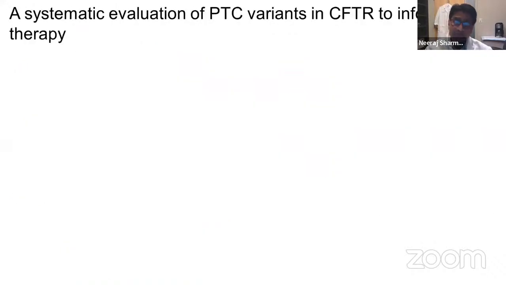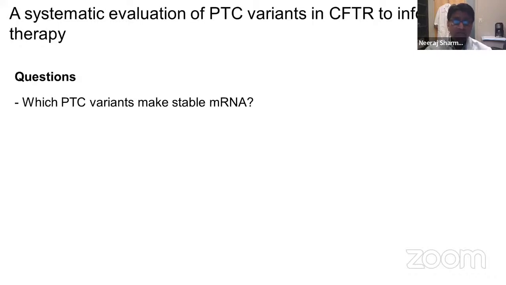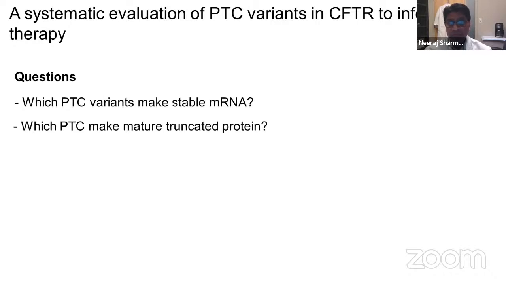So what I have done here and at Johns Hopkins is I have undertaken a systematic evaluation of these premature termination codon variants to inform therapy. And the questions that I have asked and I continue to ask are: which of these PTC variants make stable mRNA? And which PTC variants among those can make some mature truncated protein?